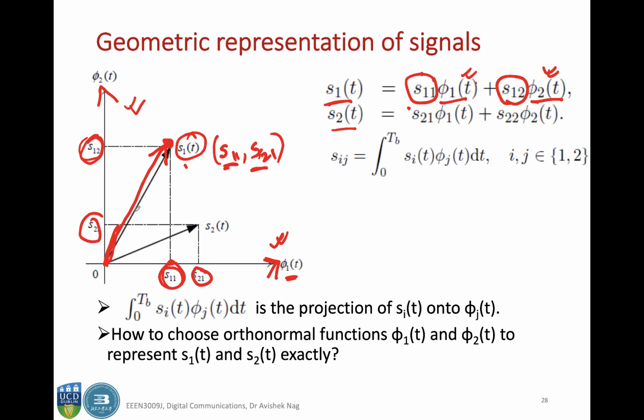So now we have a trick in our hand: we can represent any time domain signal as a linear combination of two orthonormal functions, phi1(t) and phi2(t).